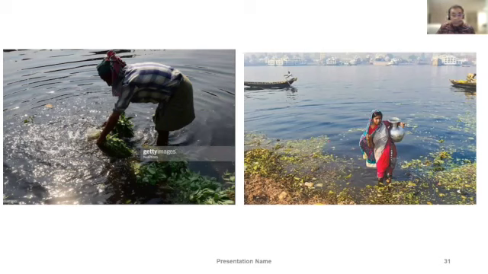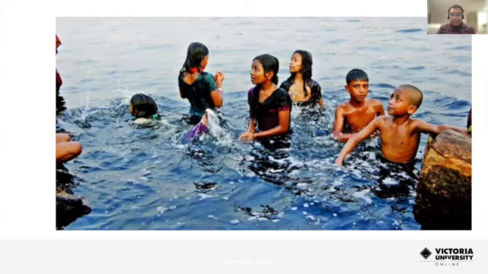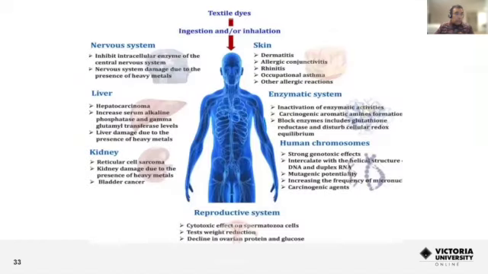I can share all these studies with you if you want, in terms of where they found heavy metal and all that. And obviously, kids are taking a bath, and I don't have to tell you that this can lead to skin diseases and all kinds of health problems. I'm not going to go into the detail of that. These are all kinds of effects on the human body that have been proven.